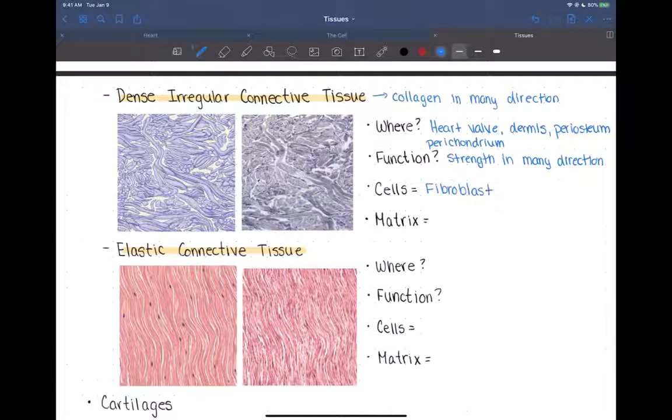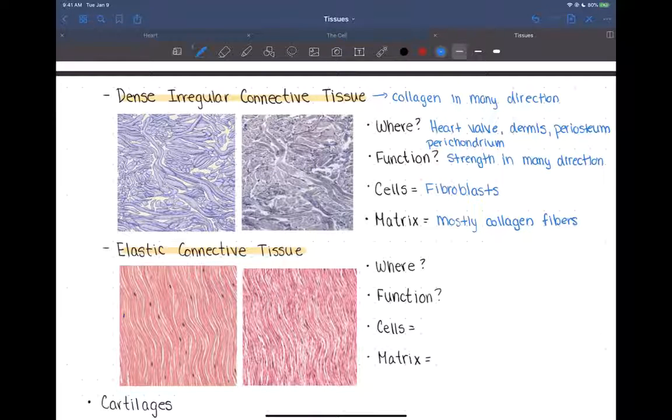And it is going to contain mostly collagen fibers. All right, there'd be a little hyaluronic acid ground substance kind of squeezed in there, but it is primarily going to be these collagen fibers that make up that matrix.